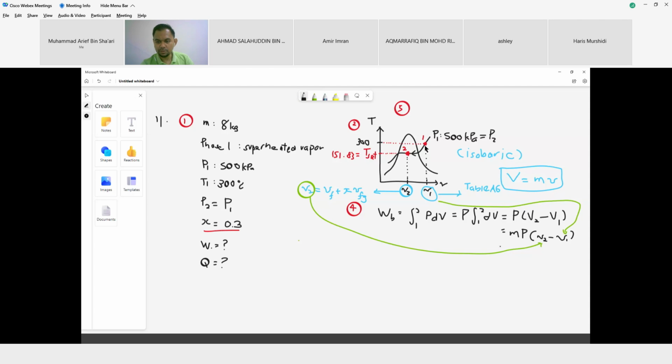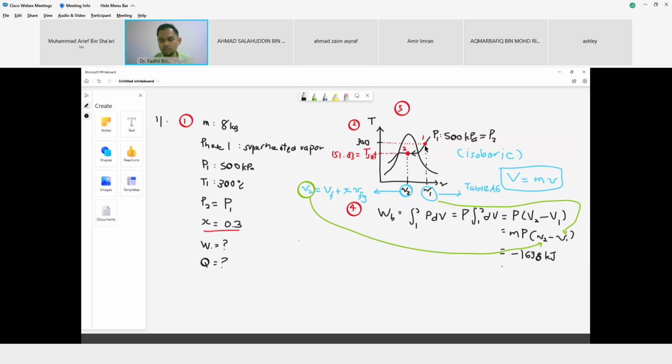The final answer for this case, for boundary work, should be minus 1638 kilojoule.